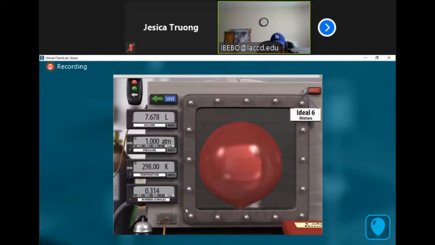It says, using the information from the data table, determine the total pressure in the balloon. So you use the pressure for gas 1 plus pressure for gas 2, and so on. It gave you enough space to show how you're going to get that.